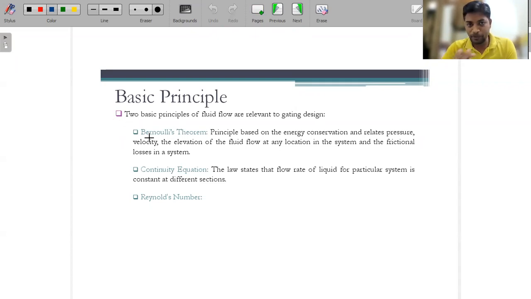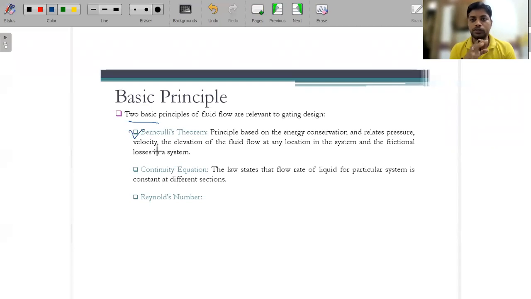These are just basic principles, and I'm not going into much detail because, as I mentioned in the beginning, I will just brief you on the things that are very important. So there are two basic principles. The first basic principle is Bernoulli's theorem.